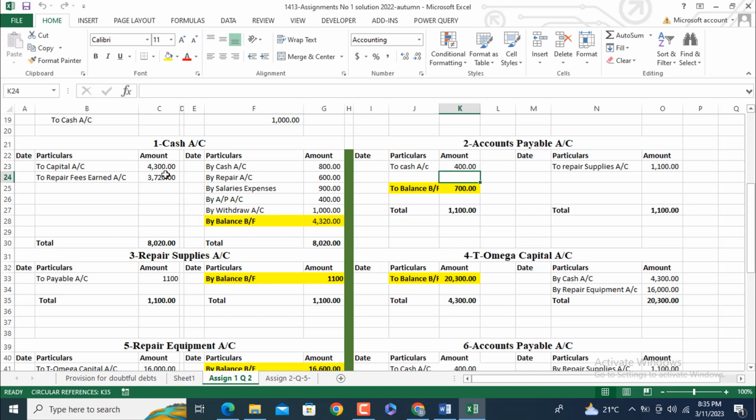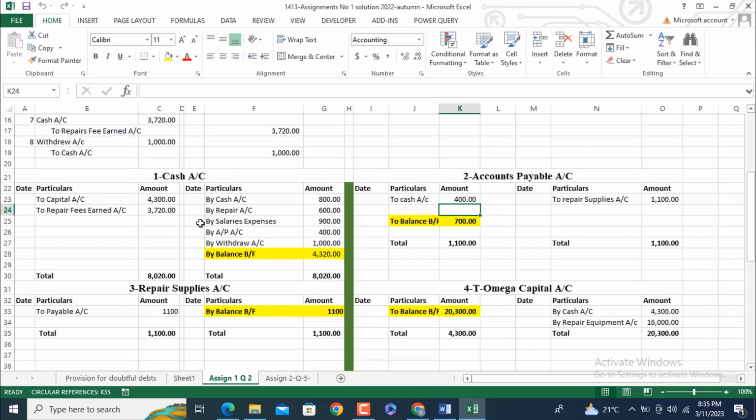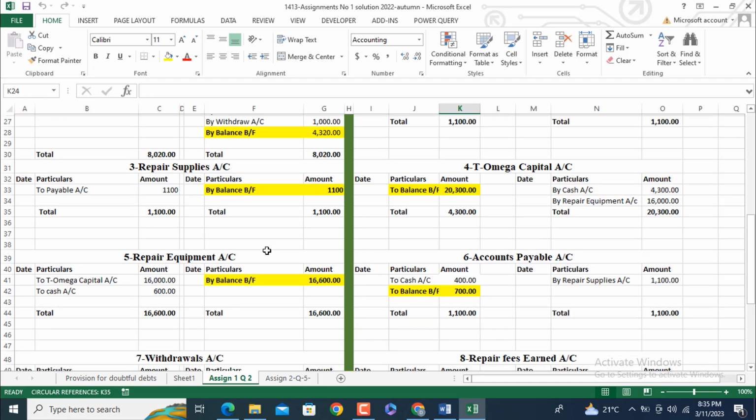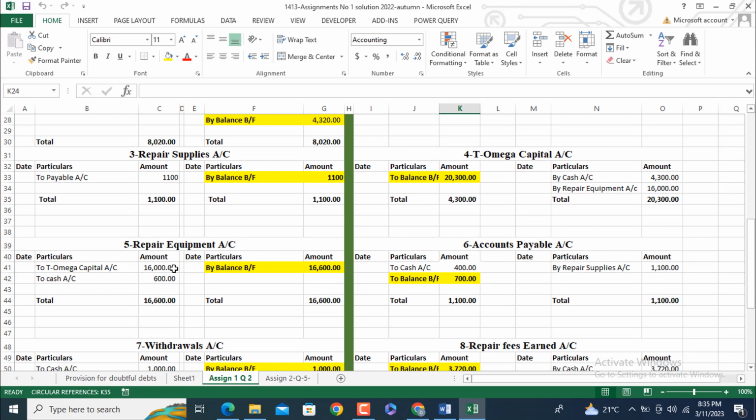Now come to the cash. First, the cash account. All the transactions related to the cash account have been placed in the T account on the debit and credit side. So the total is 1,020, and the balance brought forward, which is a debit balance, is moved to the next month, 4,320. The second account is the repair equipment account.